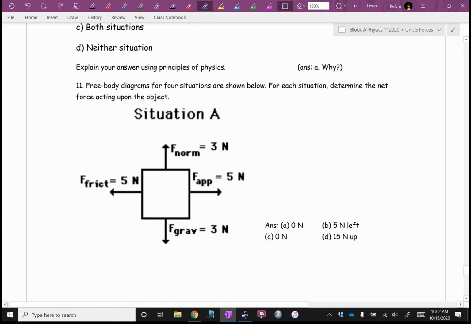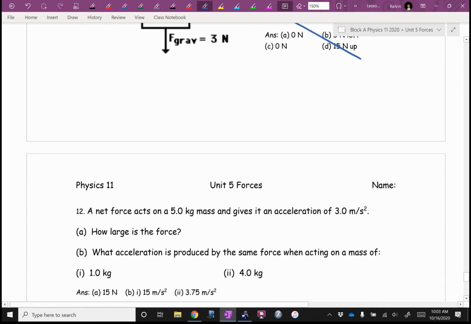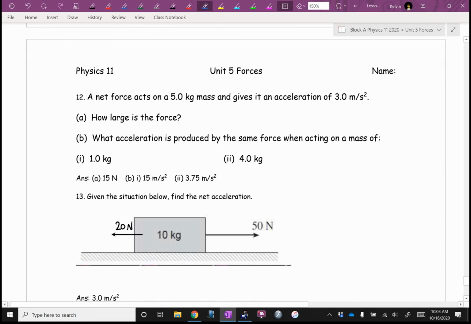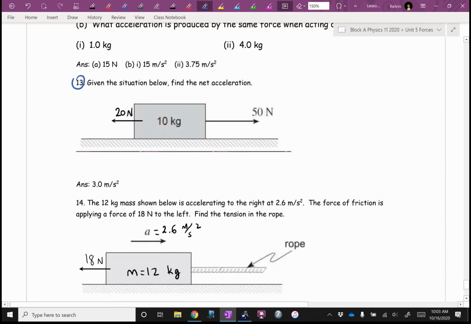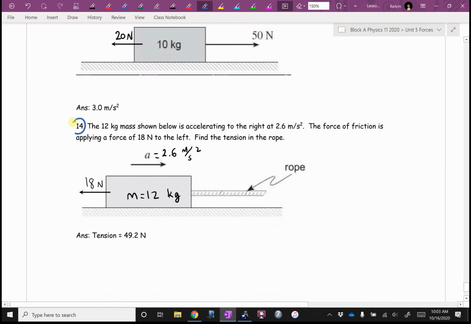And I just realized there's 4 situations, but the graphic got wrecked. So I guess I'm skipping 11 because there's only one picture there. 12 and 13 and 14. That's a lot of practice, I know. Put your pencils down, look up.